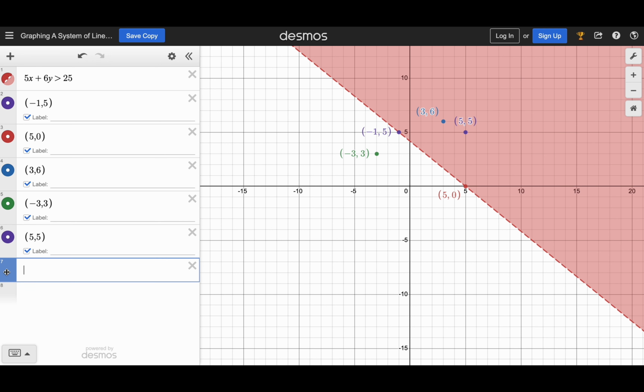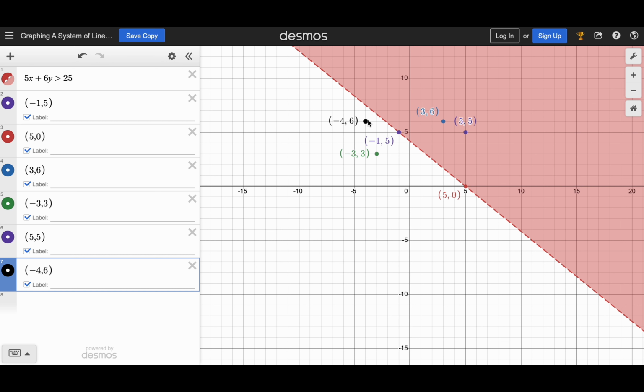Next, we have negative 4 and 6. Where is negative 4 and 6? This one is not in the shaded region.